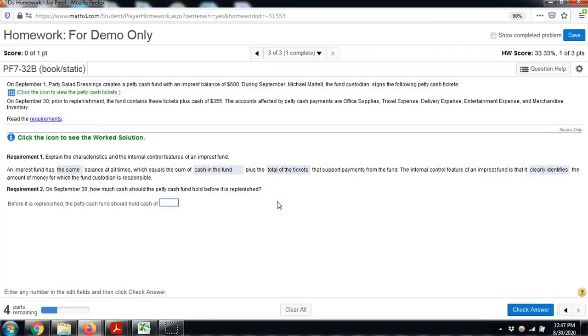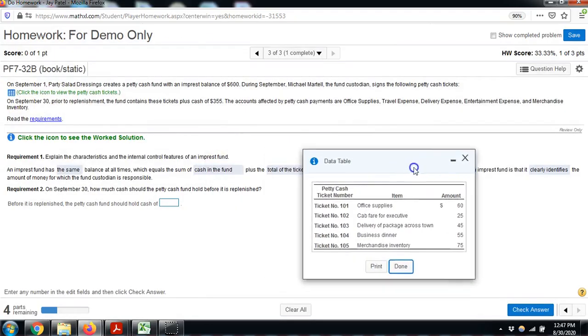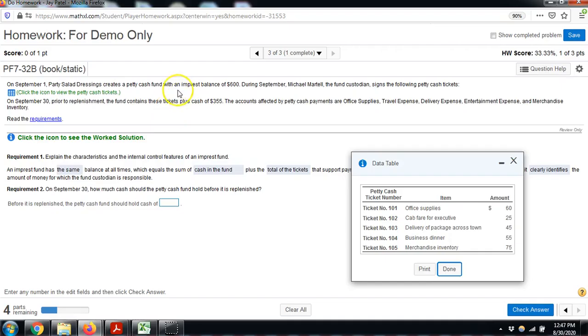Okay, so let's see what information we have. We have some tickets here. We have a balance of $600. So on September 30th, after we've spent all this stuff, the fund balance should be $600 minus the sum of these tickets.